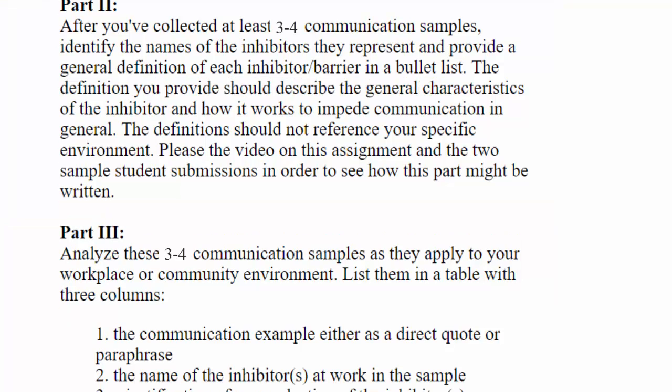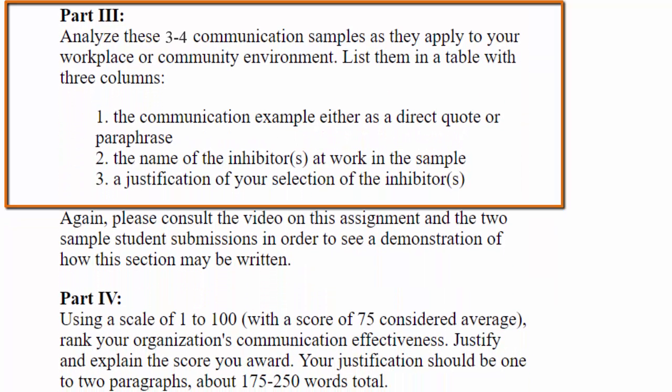Part 3 of the directions. Analyze those communication samples that you collected. The analysis will take place in a table with 3 columns. The left column, you give the communication example either as a quote or a paraphrase or a summary of it. Then in the middle column is the name of that inhibitor or that barrier.